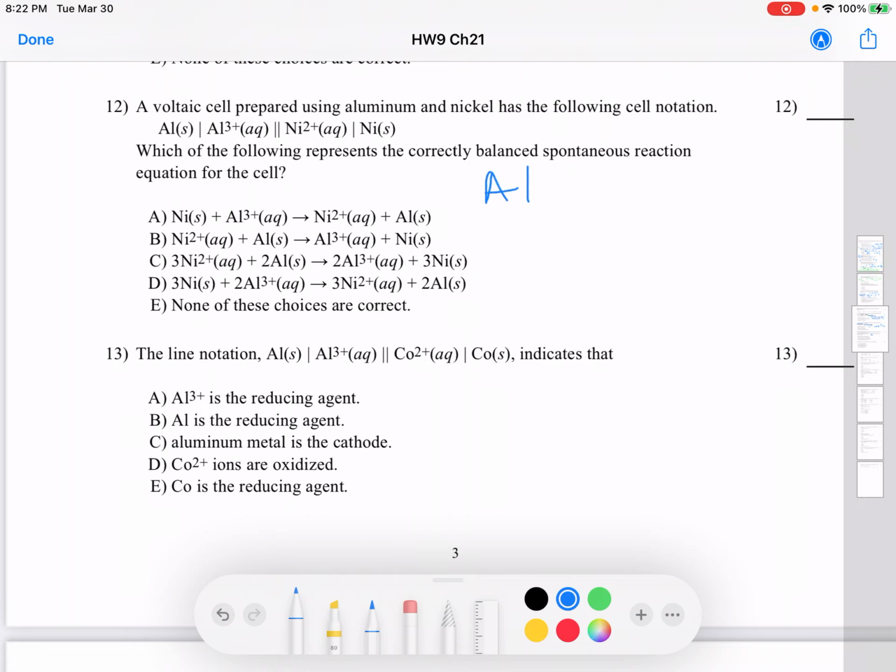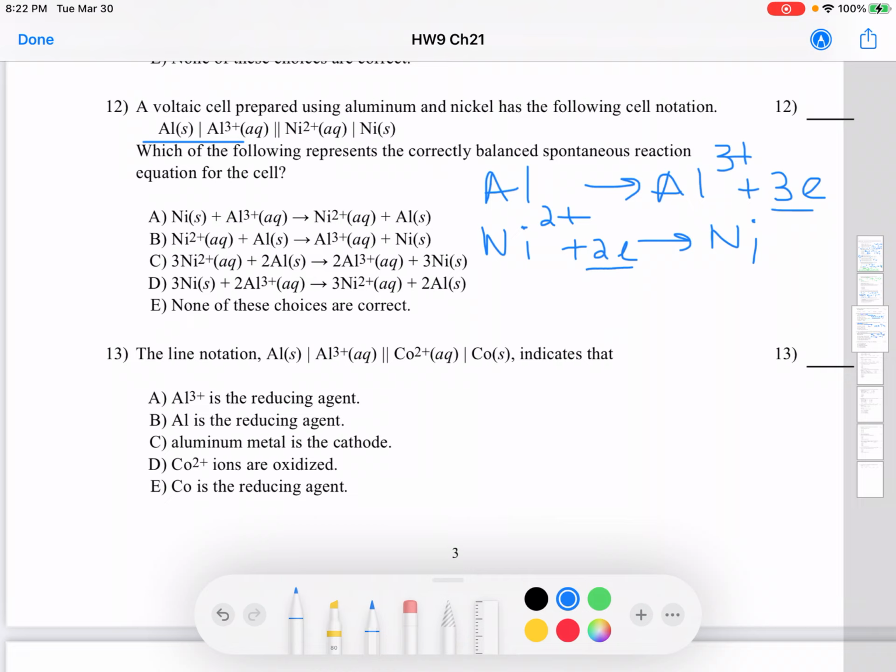First one is the oxidation, going from aluminum to aluminum 3+, losing 3 electrons. Aluminum 0 to aluminum 3+, the way it is given. The second one is the reduction, going from nickel 2+ to nickel 0 by gaining 2 electrons.